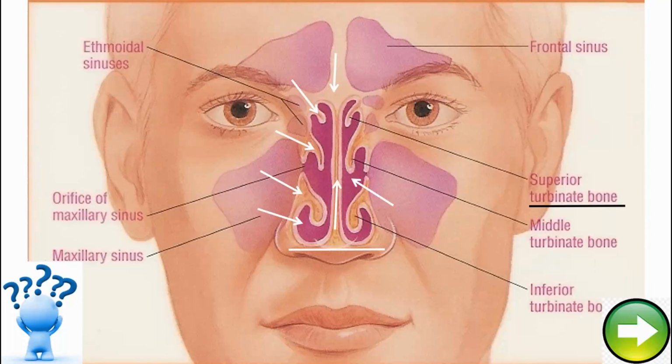This space is called a meatus. So there is one inferior to the superior turbinate, another one inferior to the middle, and the lowest one is inferior to the inferior turbinate bone.